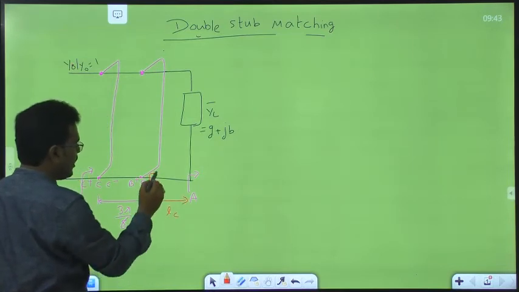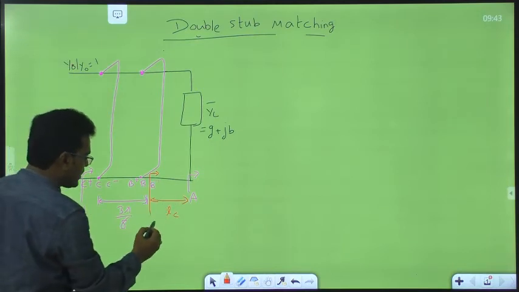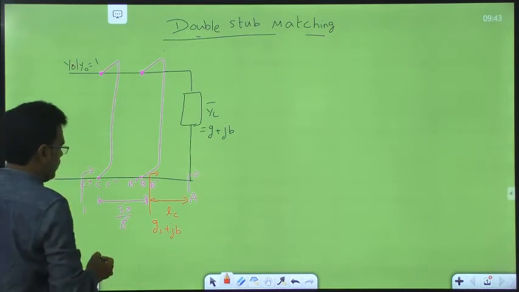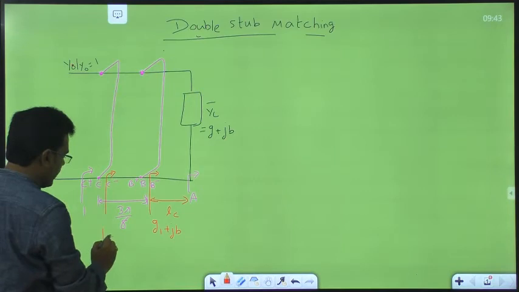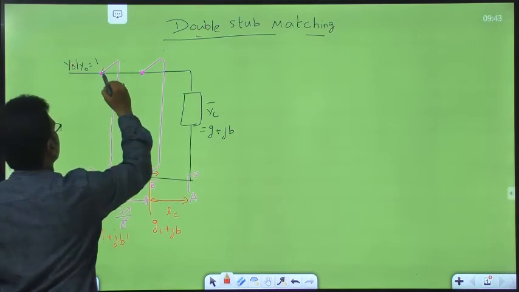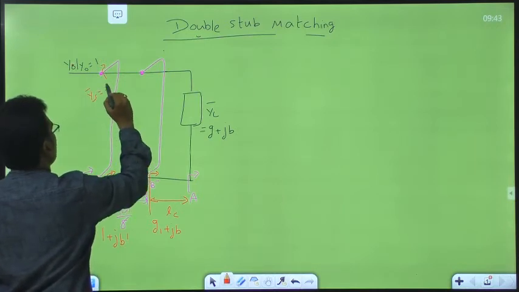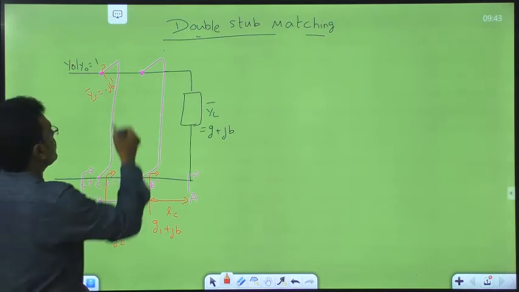This is nothing but the location of the stub in suffix C. So I am assuming after this location, the admittance at B minus is some G1 plus JB1. At C minus it should have an admittance of 1 plus JB dash, because the stub is going to produce an admittance of minus JB dash to nullify this imaginary value.